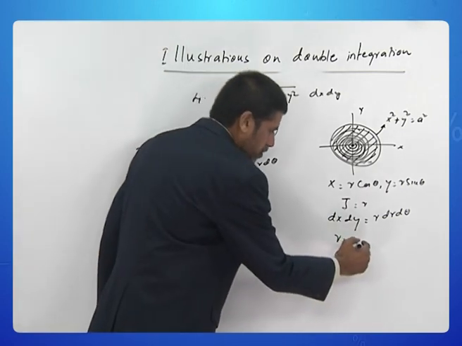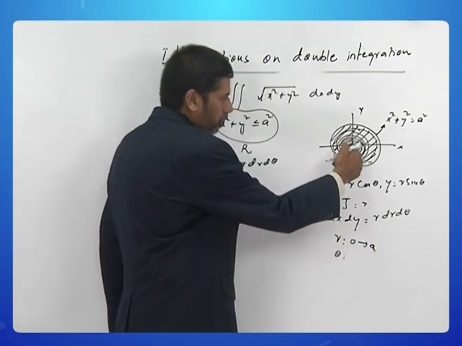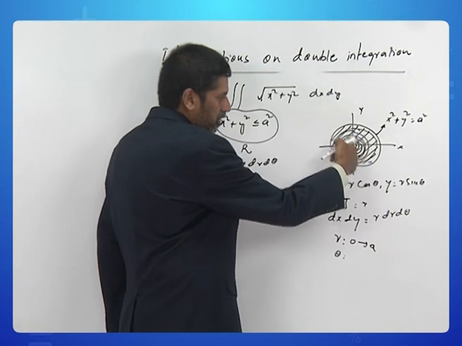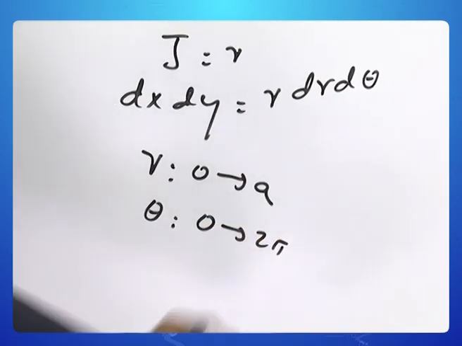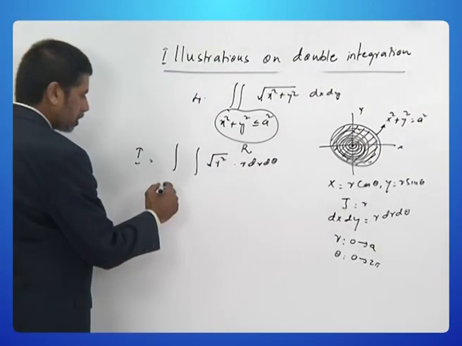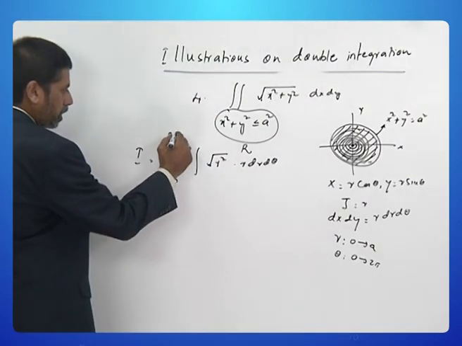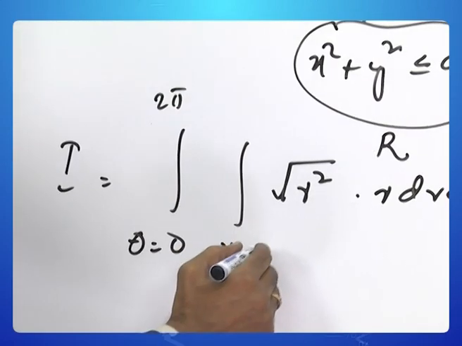So r limits will be 0 to a, and because the radius vector covers 360 degrees to generate this region, theta varies from 0 to 2 pi. So theta limits will be 0 to 2 pi, r limits will be 0 to a.